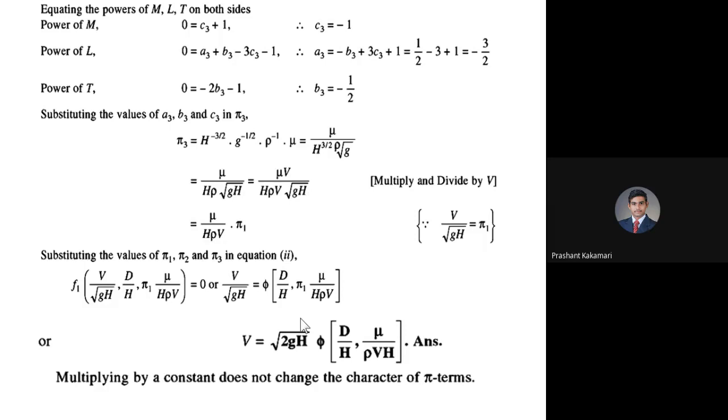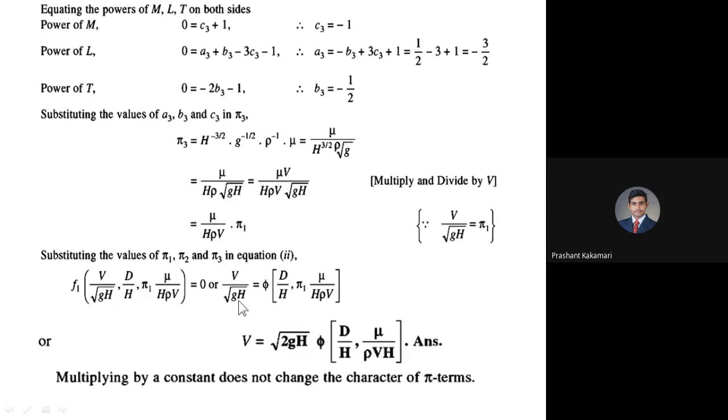Now can anyone tell me why they have taken 2 here, why they have not considered 2 here, or is any problem going to happen if I multiply 2 or 5 or 10 with respect to this square root of 2gh? Any answer from your side? Or recalling the earlier class, you can tell me, can I write square root of 2gh directly?